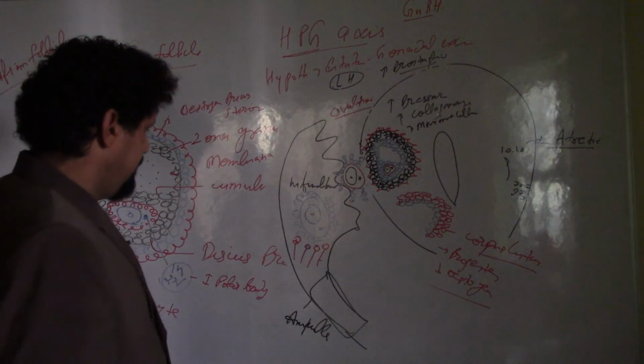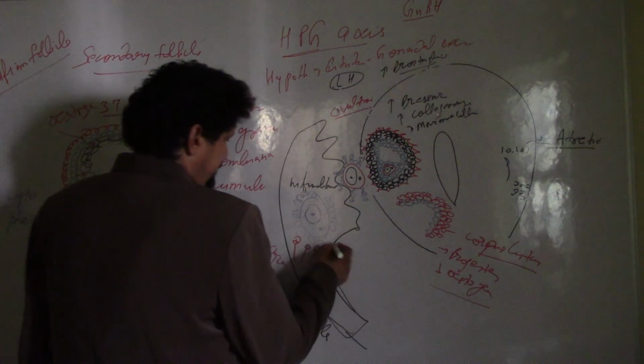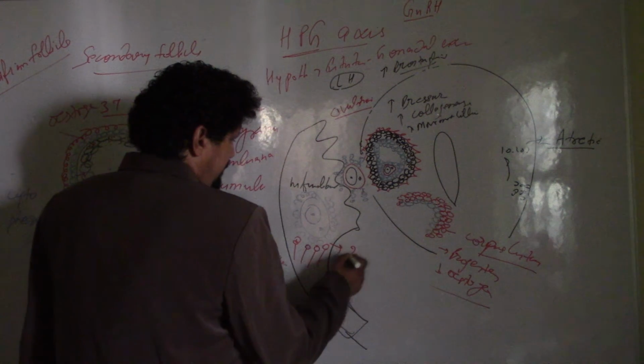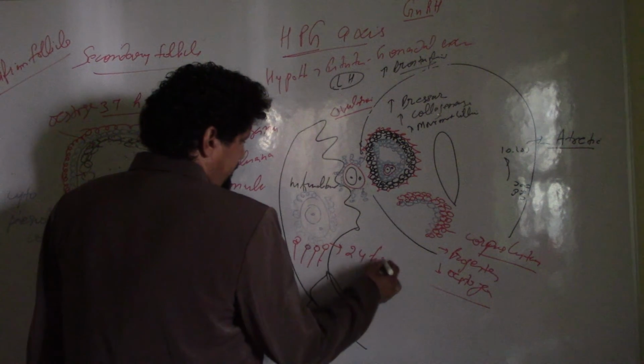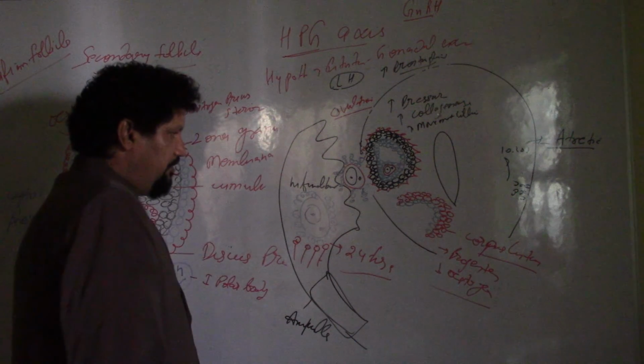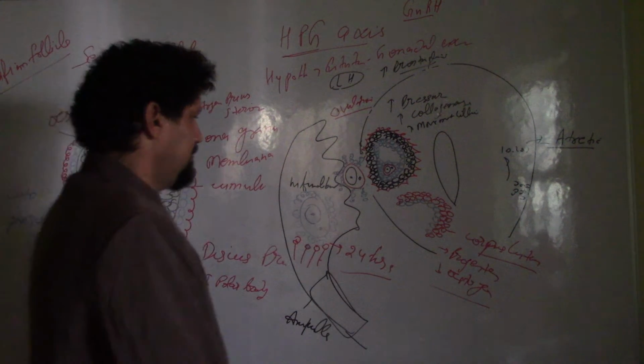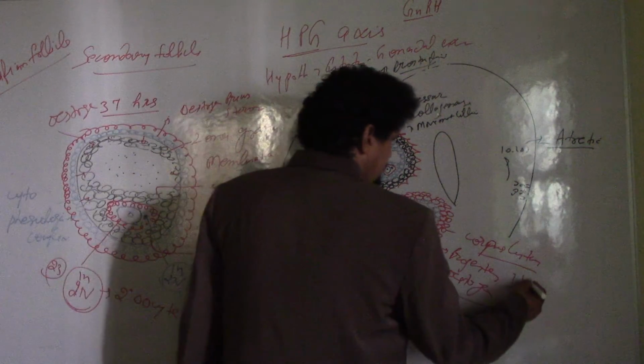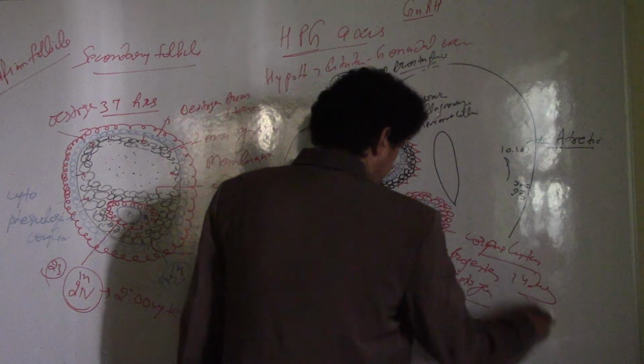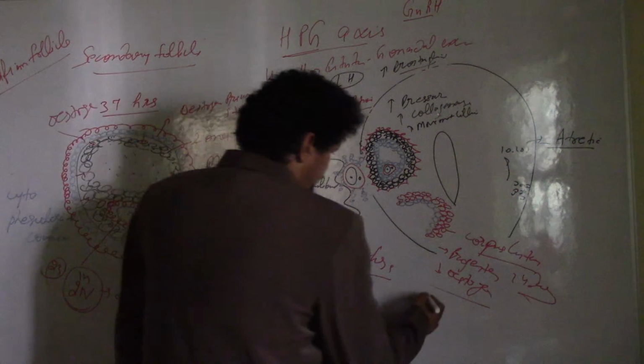The life of the secondary oocyte is 24 hours in absence of sperm, the life of the corpus luteum is 14 days, and in case of pregnancy it is up to 4 months.